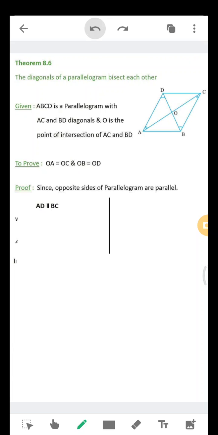When AD is parallel to BC and this is a transversal, these two angles are alternate angles and these two are also alternate angles. Two lines are parallel and there is a transversal, so we get alternate angles like this. So we can use alternate angles and prove these two triangles are congruent.